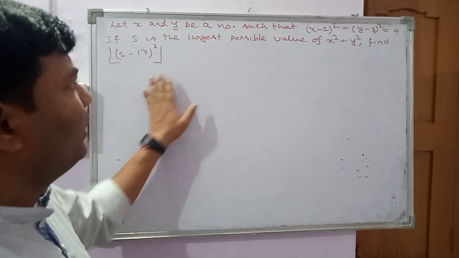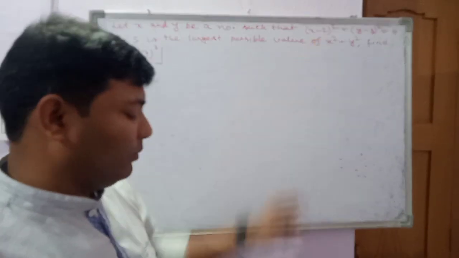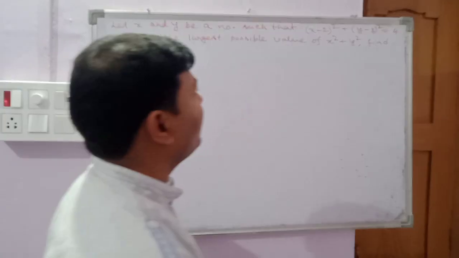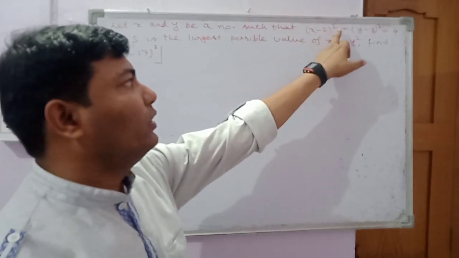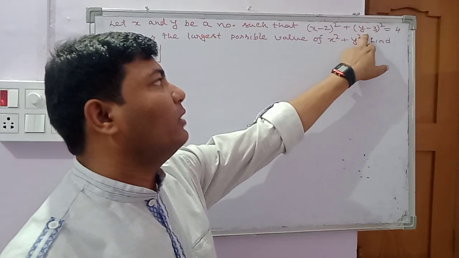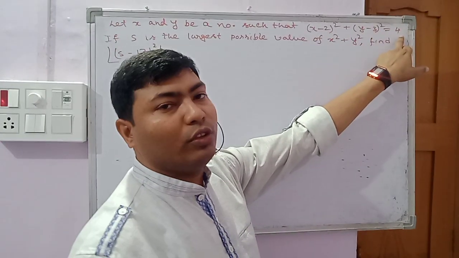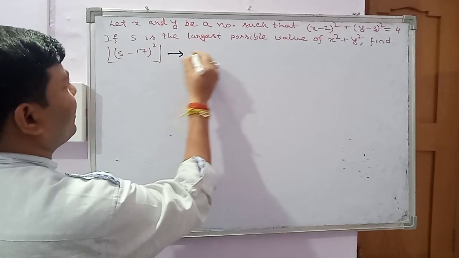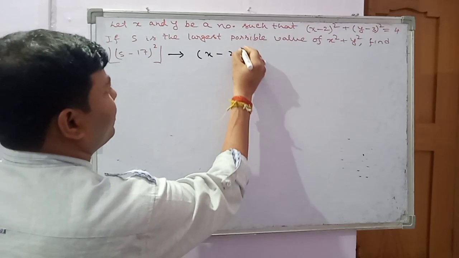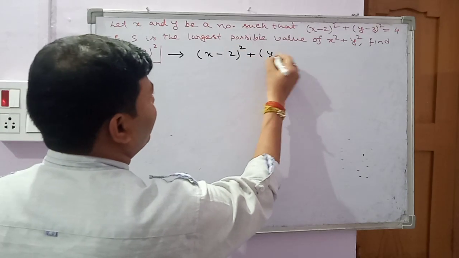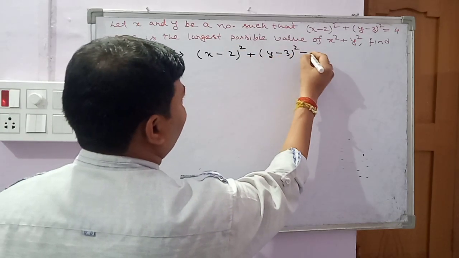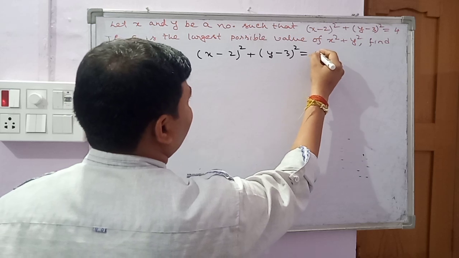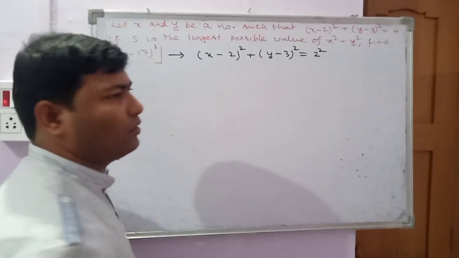Now here the equation is given: (x minus 2) raised to the power 2 plus (y minus 3) raised to the power 2 equals 4. That is 2 squared.